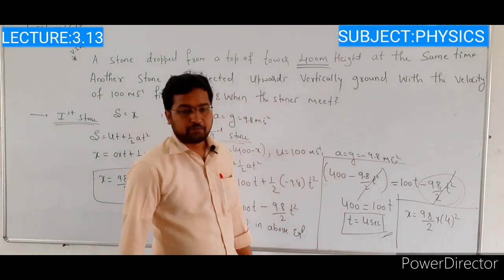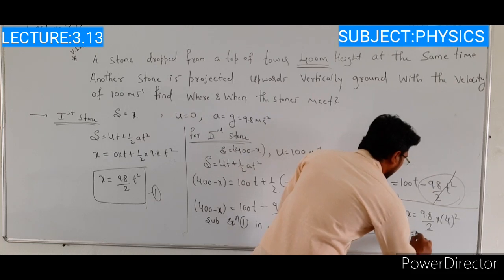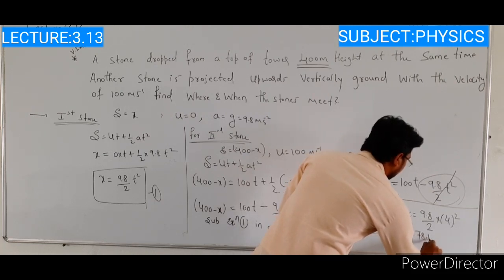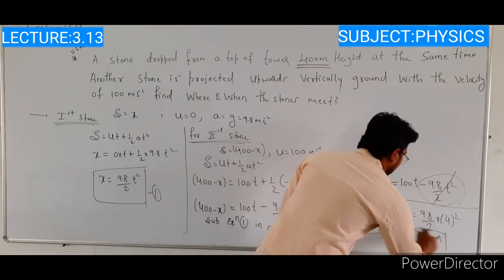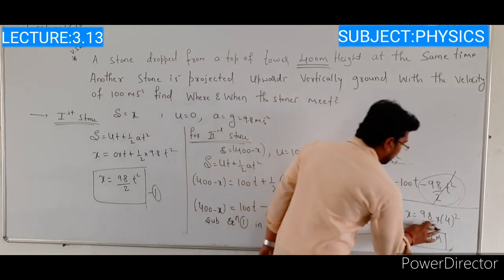Multiply this, and we get the answer 78.4. Then x is equal to 78.4 meter. So this problem is very important for 5 marks.